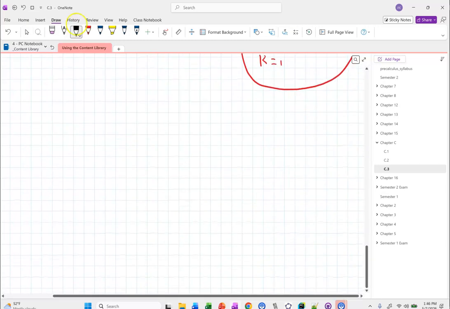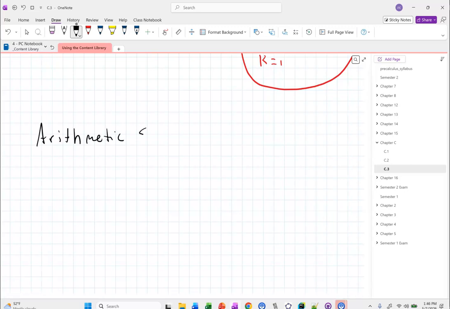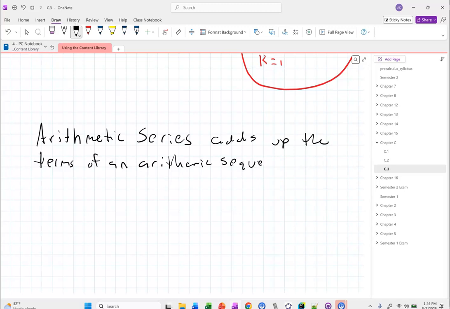So we say that an arithmetic series just adds up the terms of an arithmetic sequence.